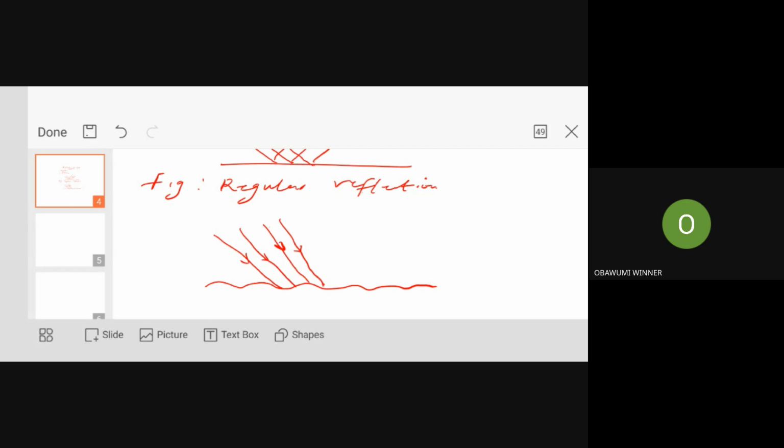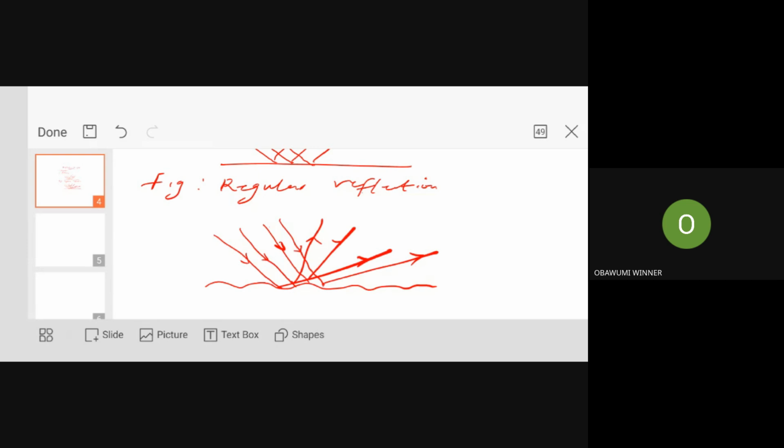And then when they want to reflect, they are going to reflect in various directions. So this one can reflect this way. This one reflects this way. This one reflects this way. This one reflects this way. This reflects this way. So I have the reflection of these rays occurring in various directions.